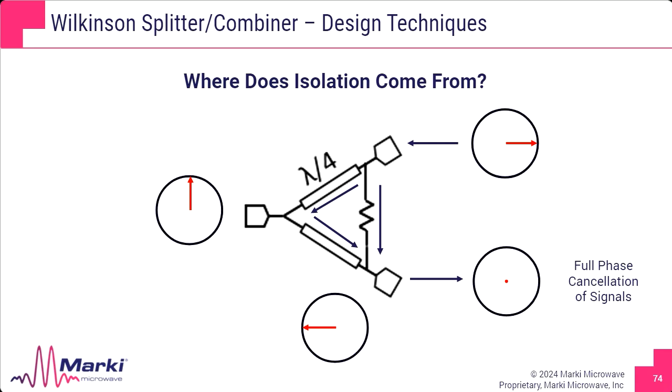bandwidth of the device. In fact, it is the isolation that limits the bandwidth of this device, because as we just saw, isolation is frequency dependent by design. When we designed the transmission line, we designed it to be a quarter wave at a given frequency.